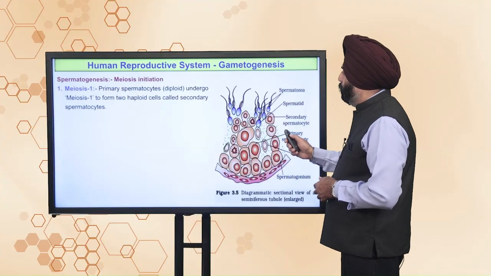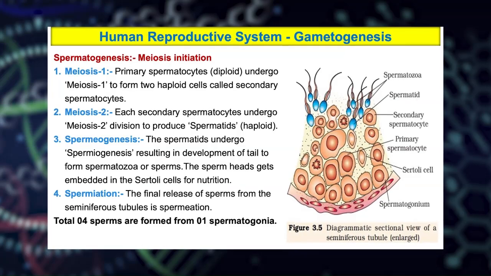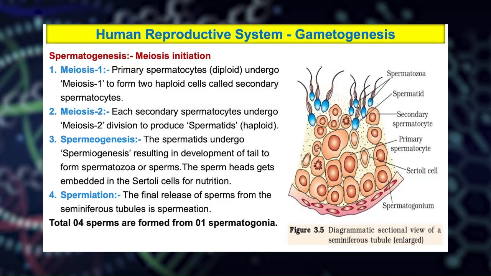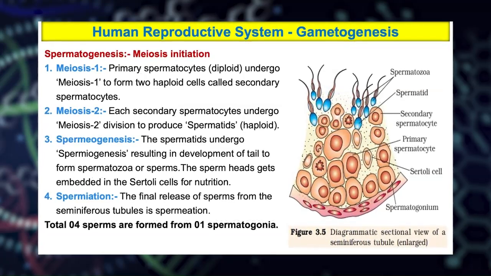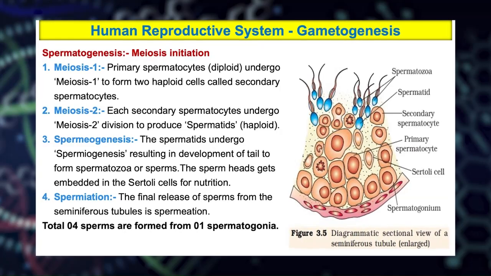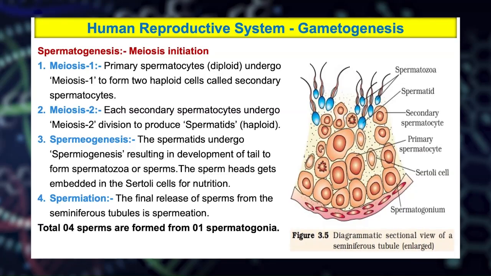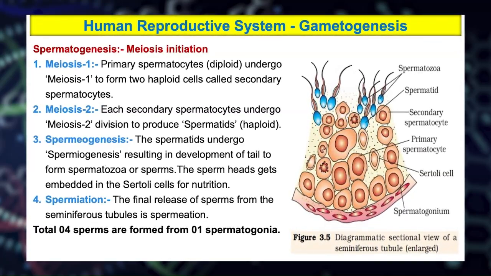Now let us see how the primary spermatocytes behave. Meiosis initiation. Meiosis 1: these primary spermatocytes, which are actually diploid, undergo meiosis 1 to form two haploid cells called secondary spermatocytes. Now meiosis 2 initiates.